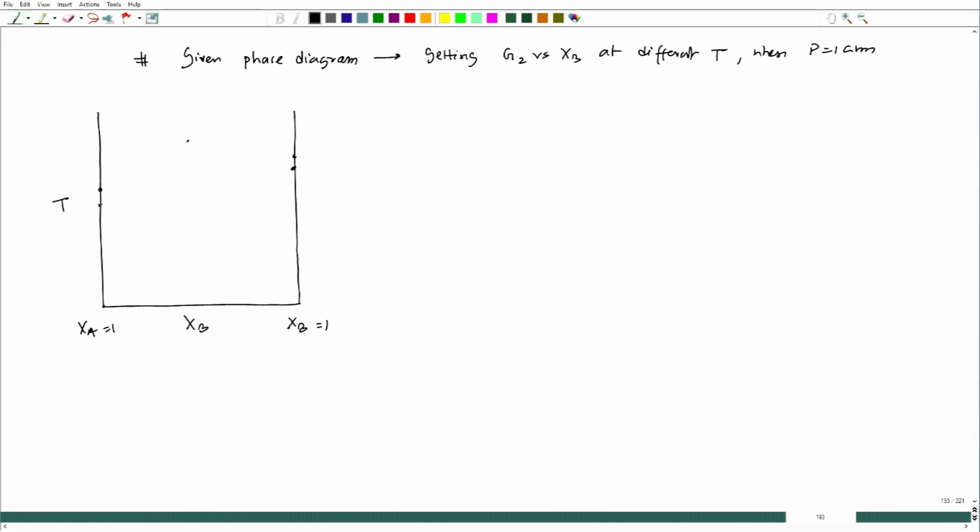Now, I can have two eutectics. One eutectic is here, and let us say this is T M B. Another eutectic, let us say, is happening here.